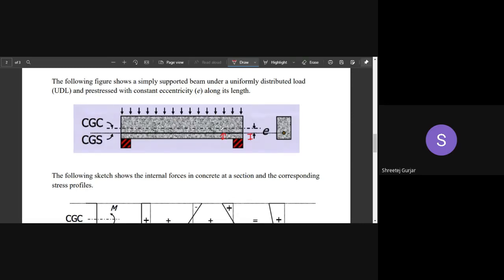What you have to do is calculate the eccentricity, and use that as e and not the 50 mm which they have mentioned. Students usually make a mistake while taking the value of e. We will learn that when we are dealing with the numericals, so you will understand it clearly.